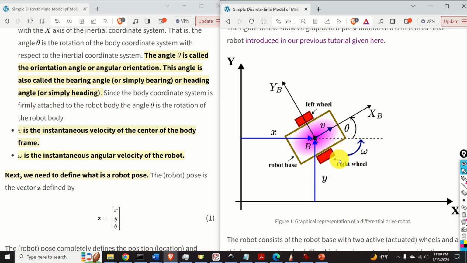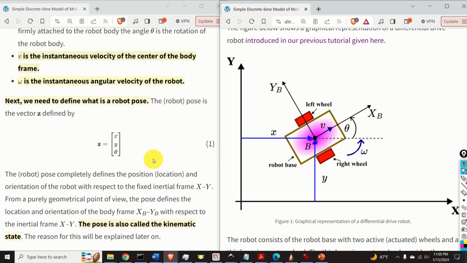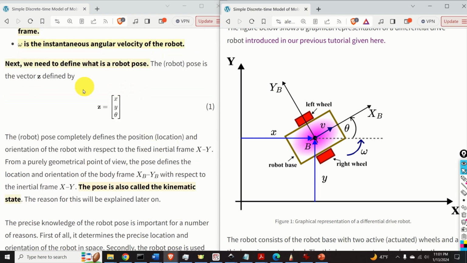V is the instantaneous velocity of the center of the body frame, and omega is the instantaneous angular velocity of the robot. Next, we need to define what is a robot pose. The robot pose is this vector z over here. It consists of x, y, and theta.